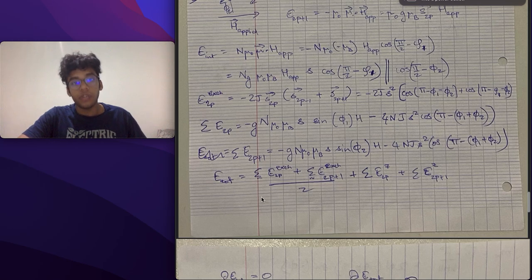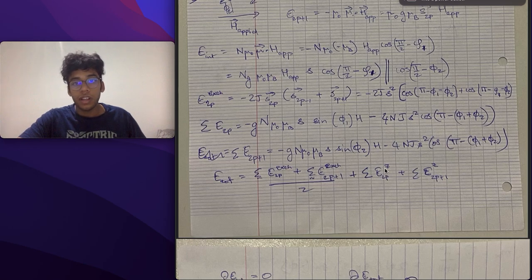Now the total energy of the system that we are considering is the summation of all exchange energies of both odd and even atoms by 2. Because again this two factor comes because of the same permutation problem that we talked about earlier.